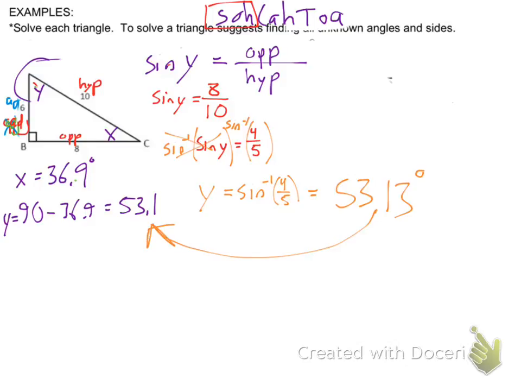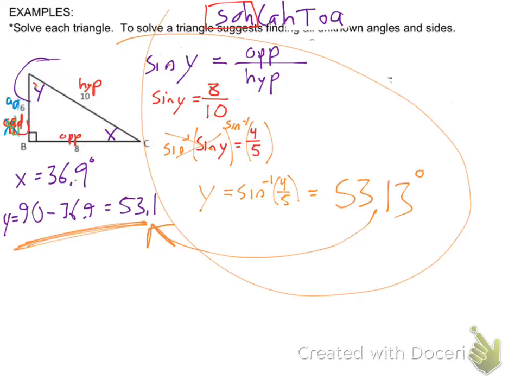So I would expect you to do it this way, the big circle there. You can do it this way to back yourself up with another method to say, hey, I checked my answer, right? And plus the fact that 53.13 plus 36.9 plus the 90 should add up to the 180.